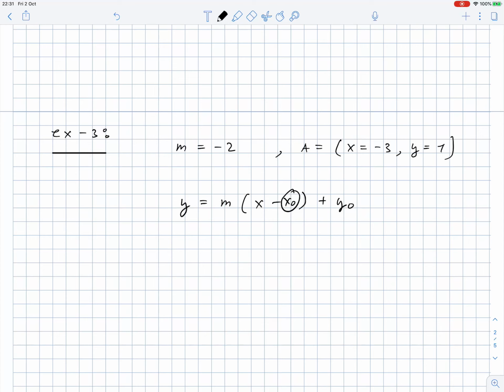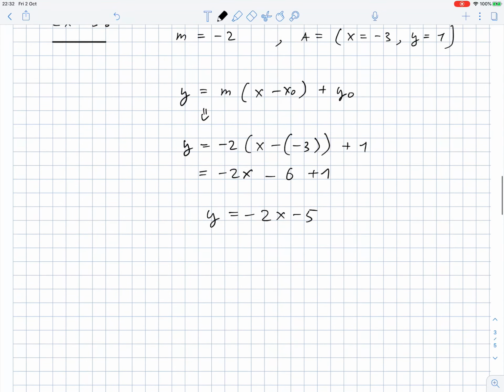So, what do we have? y equals -2 times x minus -3 plus 1. Let's open the brackets. Minus 2x minus 6 plus 1. And then we have y equals minus 2x minus 5.